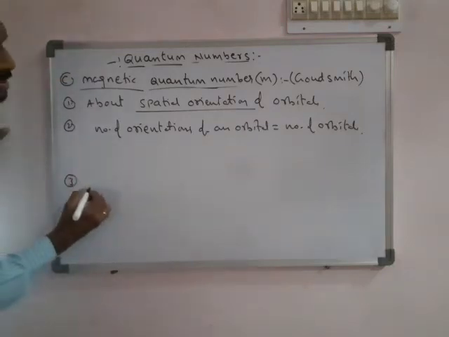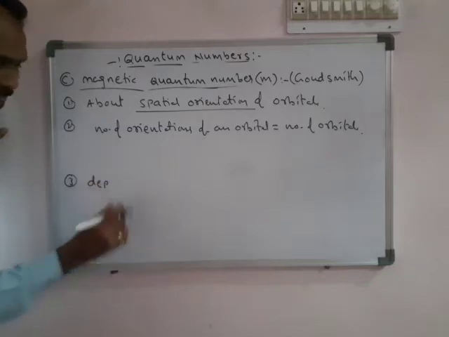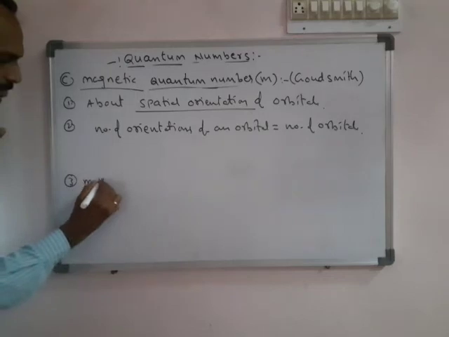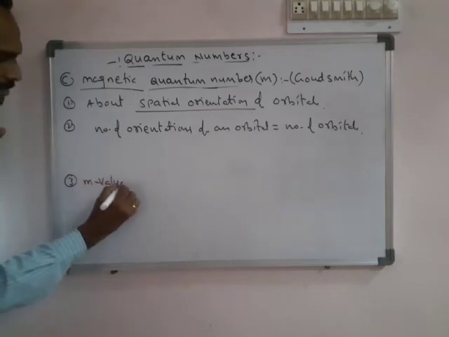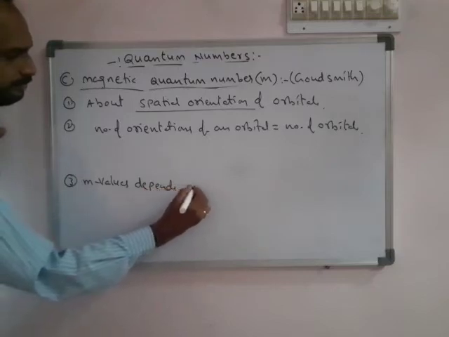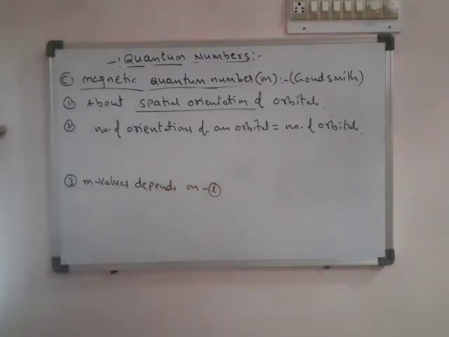So the magnetic quantum number depends on the azimuthal quantum number value l.